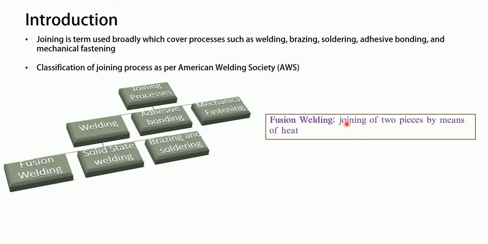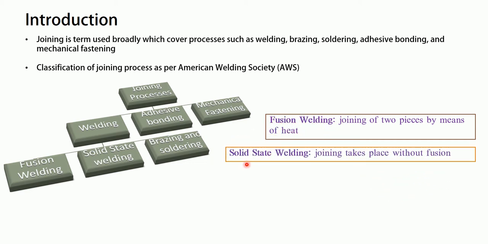So once it is solidified, the joining will have taken place. This is solid state welding. In solid state welding, joining takes place without fusion. So here, without fusion, the joining process takes place. Later we will see in detail this type of welding.